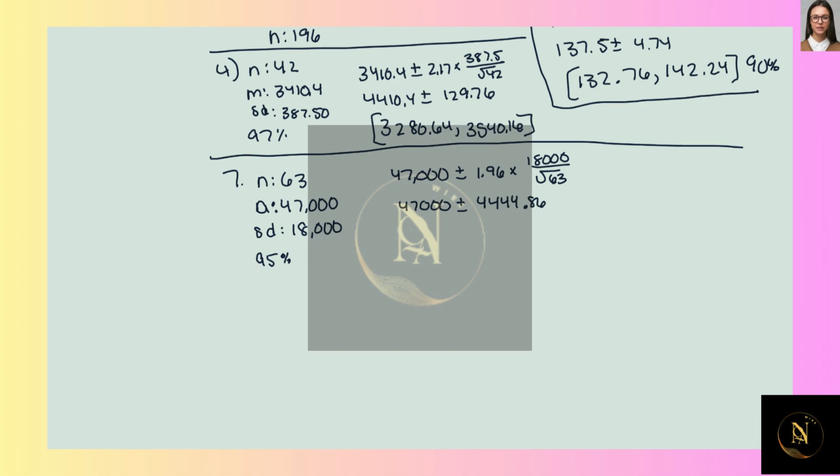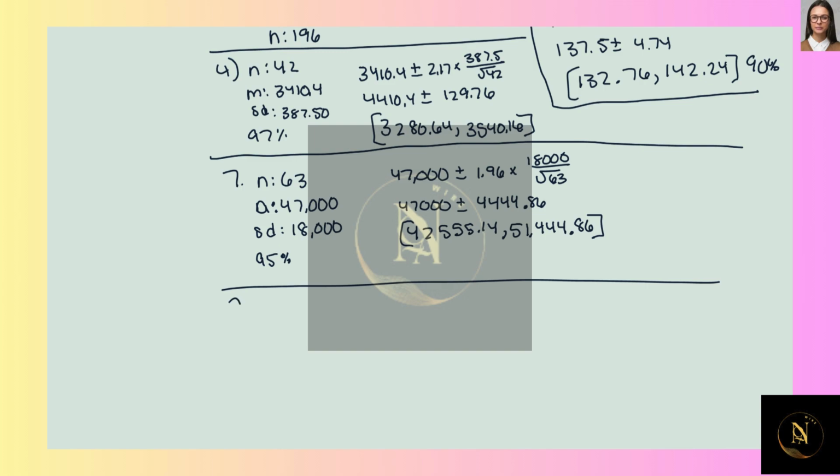So 47,000 minus 4,444.86 is 42,555.14, and then adding that together, you're going to get 51,444.86.